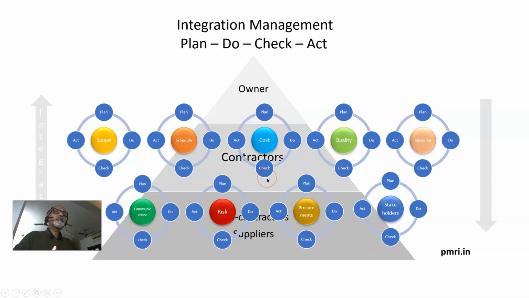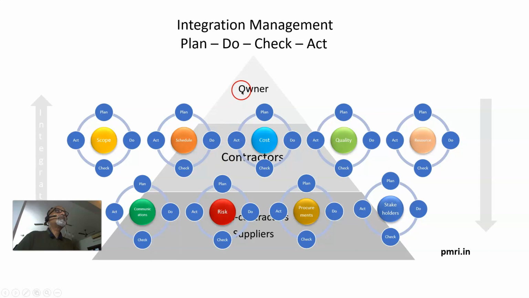So is the case with the contractor. A contractor also needs to have a plan for scope and schedule and cost and quality and resource and communications, risk, procurements and stakeholders. And similarly, the owner also will have a plan for scope, schedule, cost, quality, resource, communications, risk, procurements and stakeholders. Now somebody has to own it.